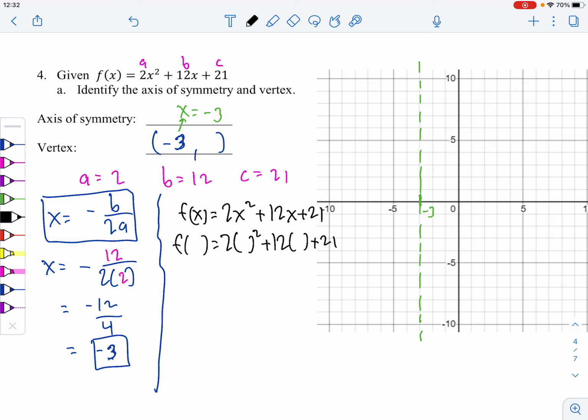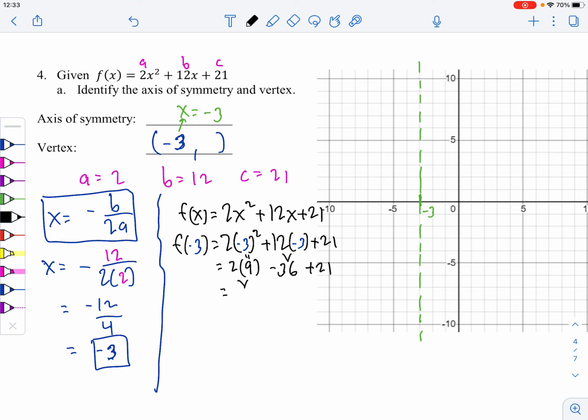Let's write out the function, and wherever I see f, just put a parentheses there. So we're substituting negative 3 in here. Negative 3 squared, negative 3 times negative 3, positive 9. Bring down that 2. 12 times negative 3, negative 36, and then a 21 just comes down.